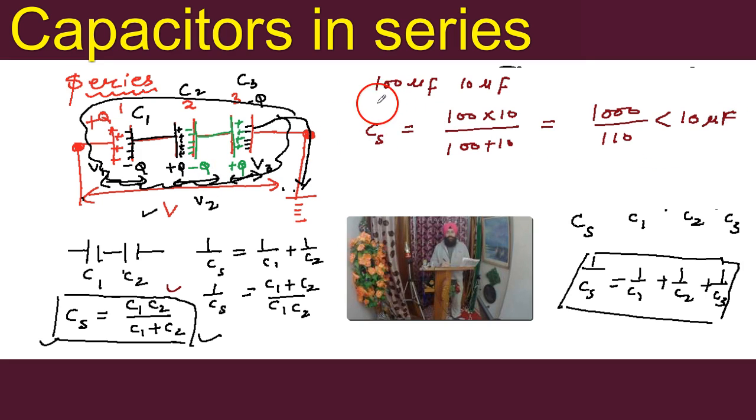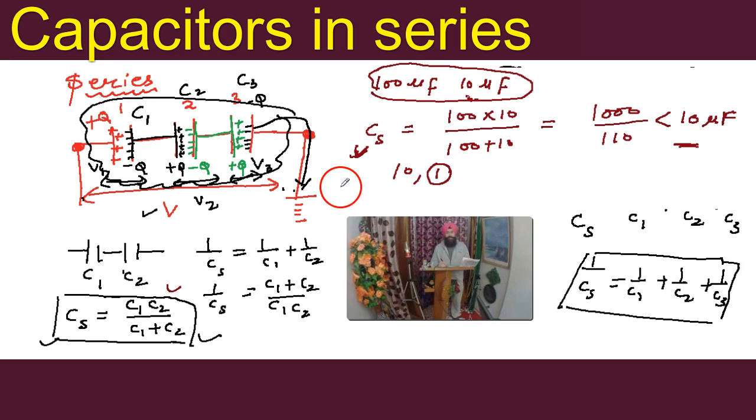That means if capacitors are connected in series, the resultant capacitance will be less than the least value of the capacitors in the arrangement. As the least value here is 10, the result will be even less than 10. If there is 10 units and 1 unit, two capacitors, the result will be less than that of the 1 unit. So keep this in mind for capacitors in series.